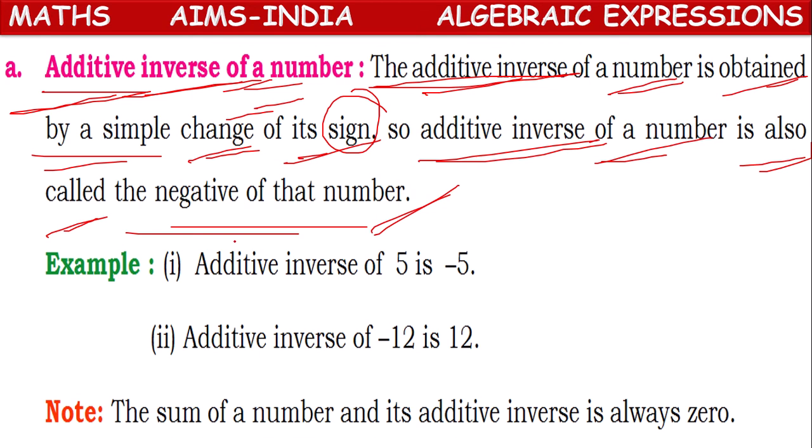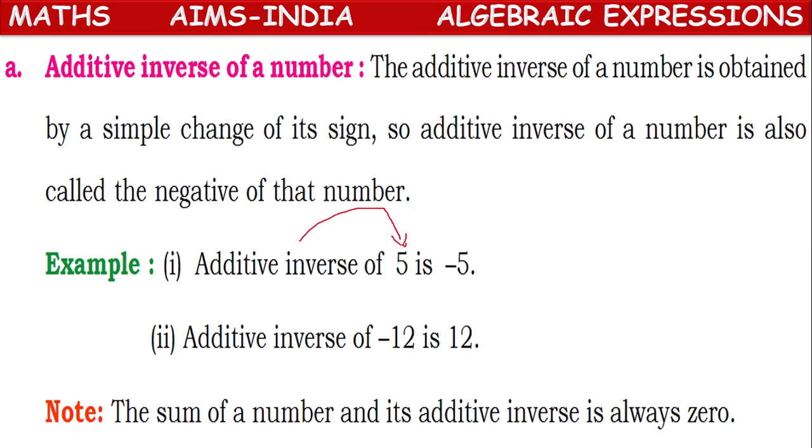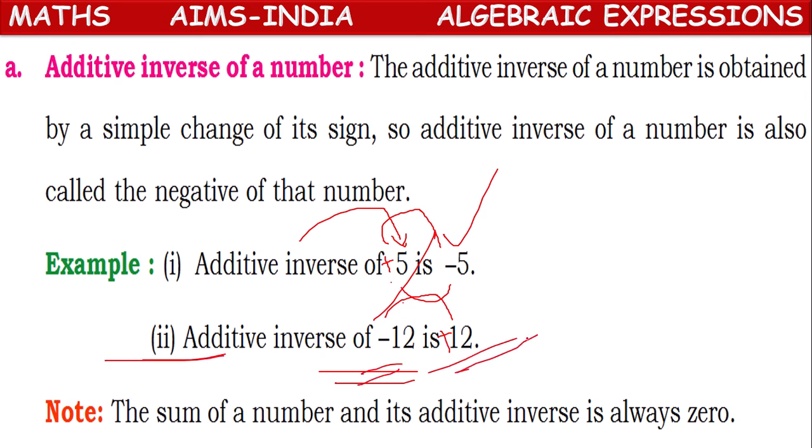So the additive inverse of 5 is minus 5. Same number, but the sign we have to change. Plus will become minus. Or if it already has minus, then minus will become plus. So the additive inverse of minus 12 is plus 12.